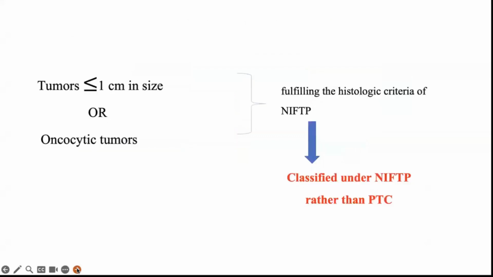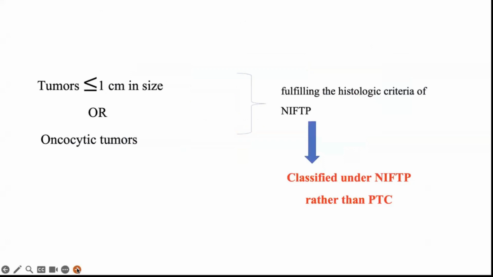So the new classification also says that tumors less than 1 centimeter in size or oncocytic tumors fulfilling the histologic criteria of NIFTP, that is no papillae and nuclear features of PTC with well circumscribed margins, no vascular or capsular invasion, should be classified under NIFTP rather than PTC.